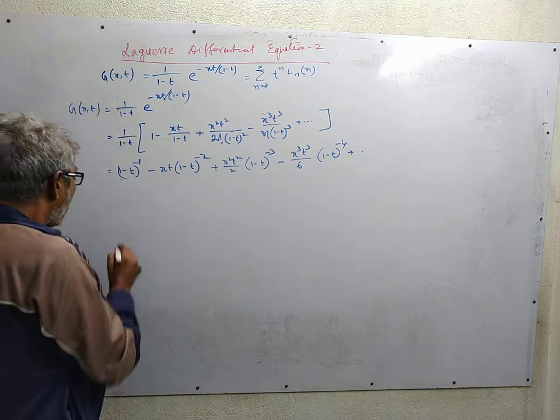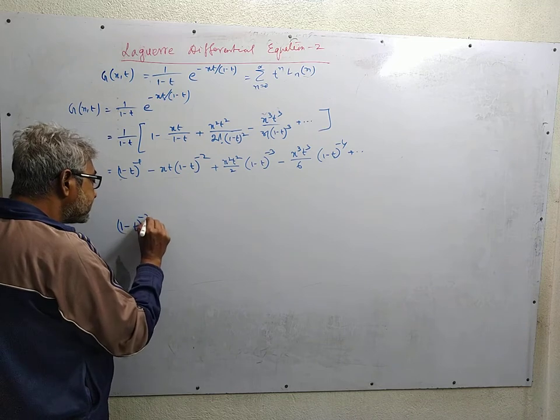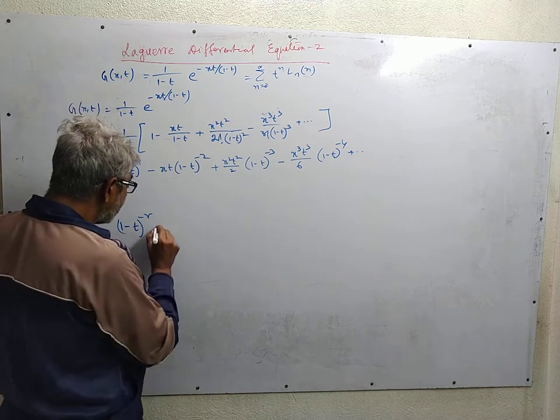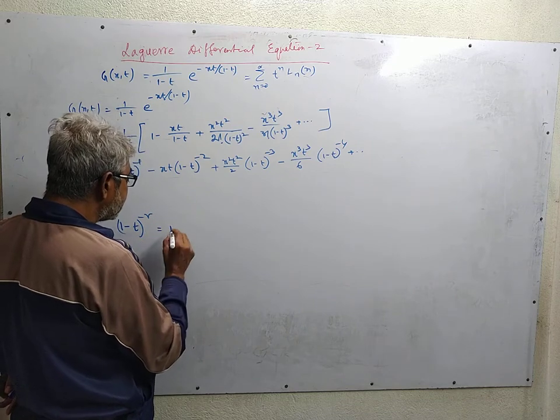Now, (1 minus t) to the power minus r. This infinite series expansion, with t less than 1, is convergent.